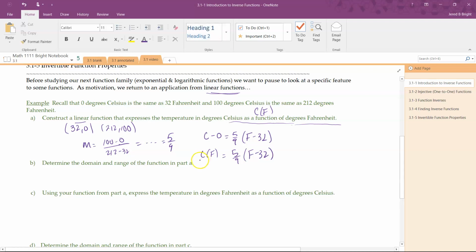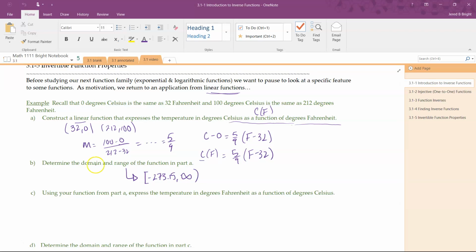In Celsius, which corresponds to our range, absolute 0 is negative 273.15 degrees Celsius, and then the temperature can really go to infinity, so it can get as hot as we want, but we do have a lower boundary.